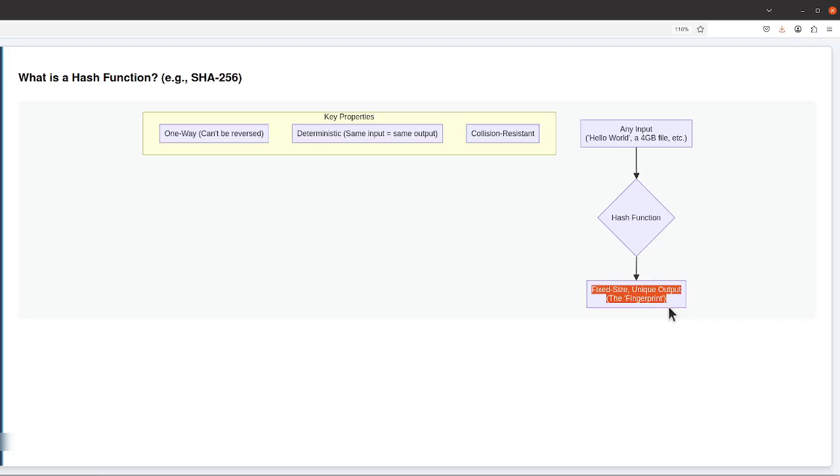A good hash function has three key properties. First, it's deterministic, meaning the same input always produces the same output. Second, it's a one-way function, meaning you can't figure out the input from the output. And third, it's collision-resistant, meaning it's practically impossible to find two different inputs that produce the same output.